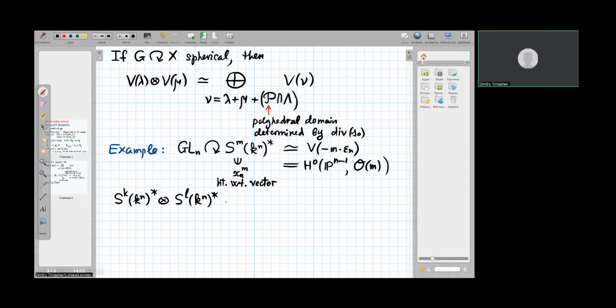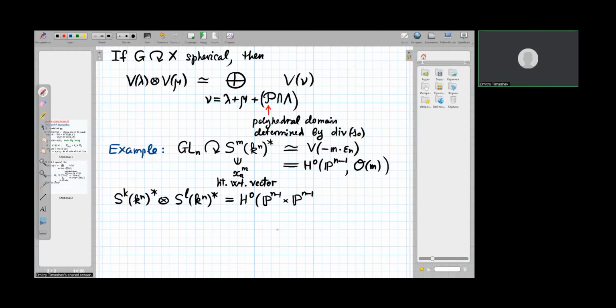So according to the strategy which we described right before, we can represent this tensor product as a space of sections of a line bundle over the product of two copies of P^{n-1}. So P^{n-1} cross P^{n-1}.